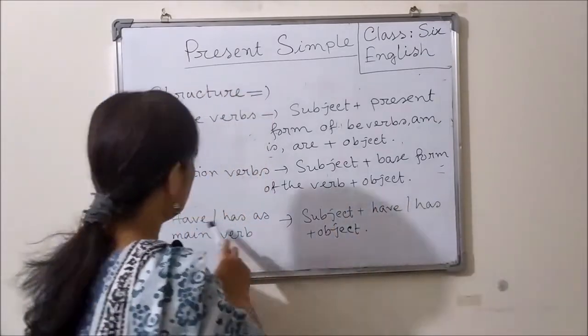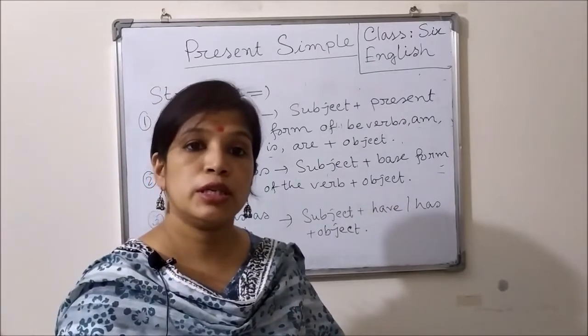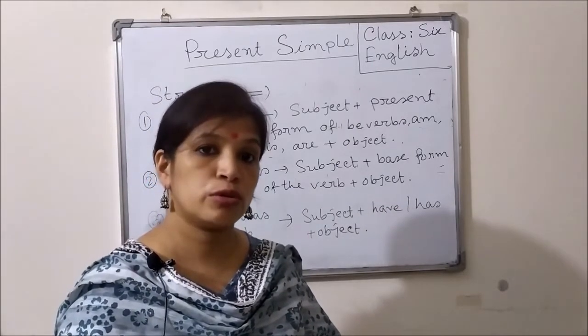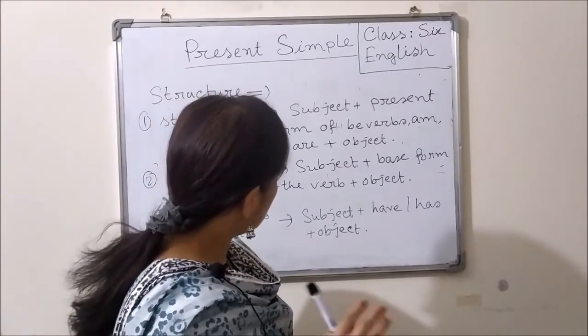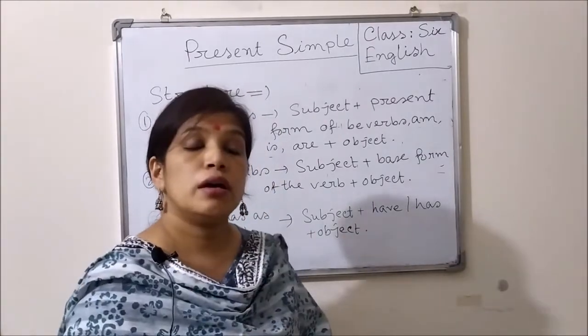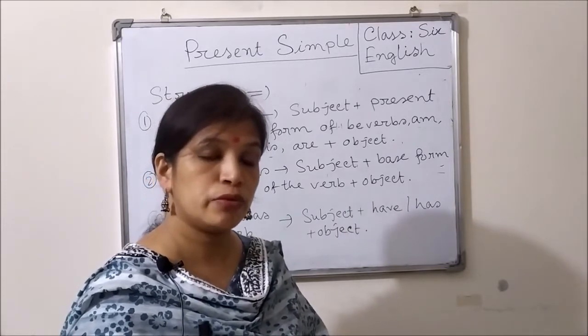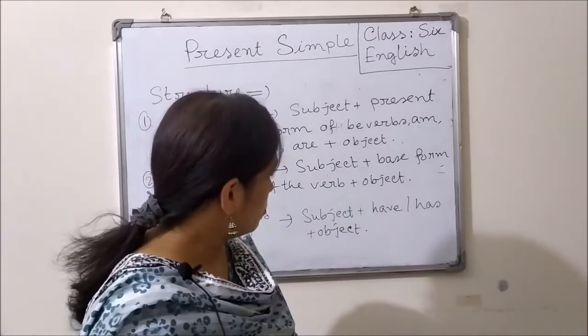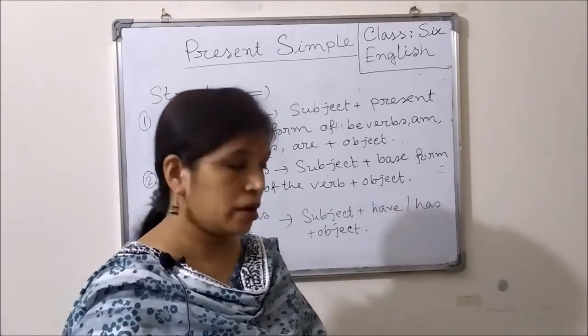Then we know that have or has is used as an auxiliary verb or modal auxiliary verb. But in the present simple tense we can use have and has as a main verb.